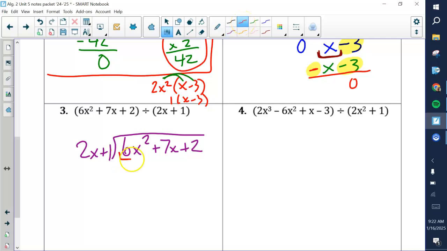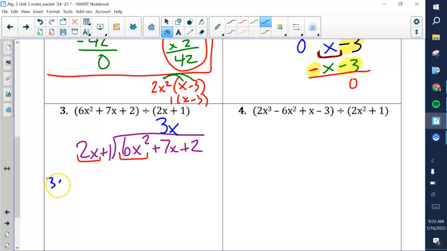All right, I need to first eliminate 6x squared. So what do I multiply by 2x to get 6x squared? 3x. So I need to line that up above my x term.